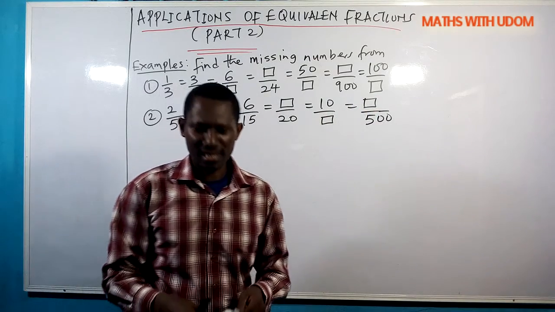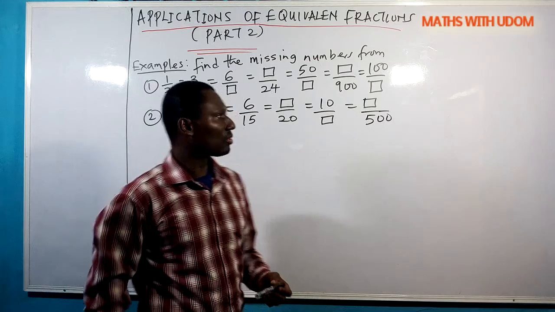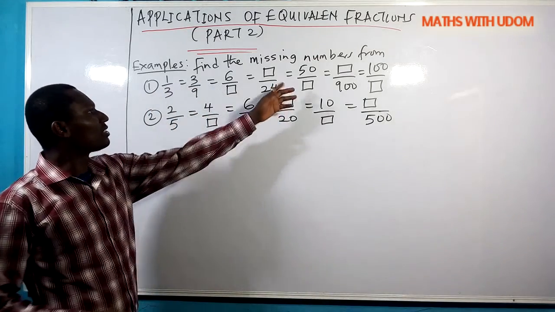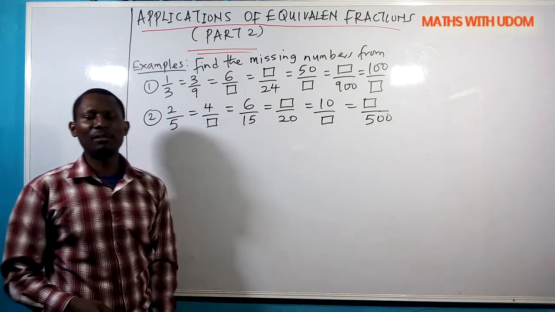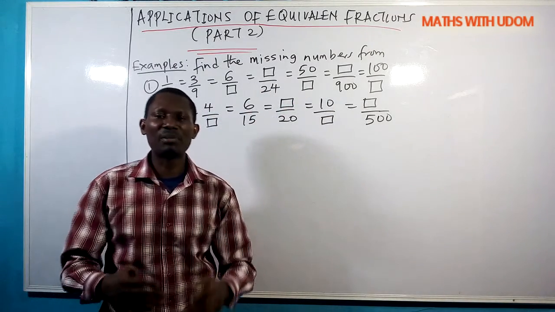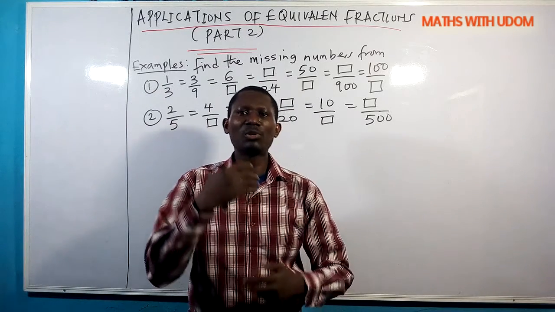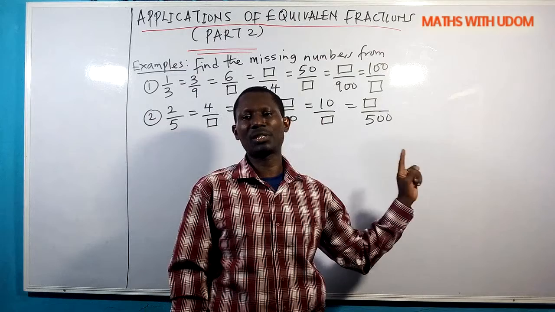So these are our two examples. Okay? How do we solve this? It says find the missing numbers from the fractions given below. Each of the boxes represents a value. They represent numbers. And we're going to find the value of the numbers inside each of the boxes.